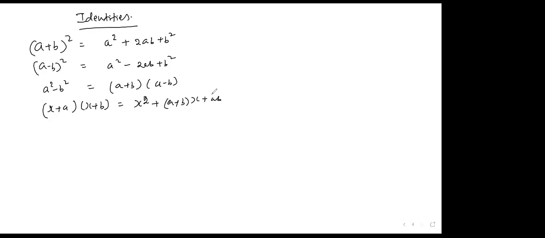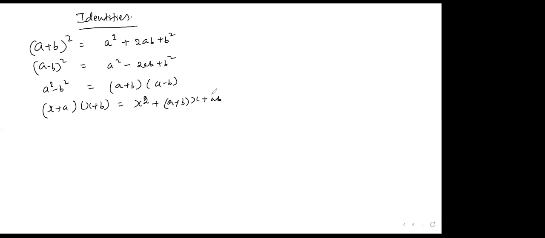Any variable, constant, anything can be taken. Suppose we have 102 square. That can be written as (100 plus 2) square, and that can be derived in the form of a square plus 2ab plus b square as well.